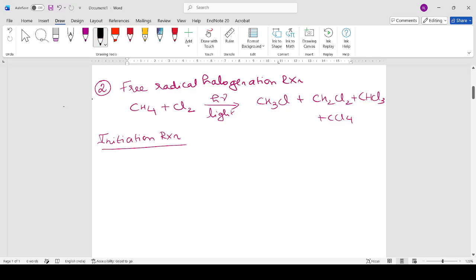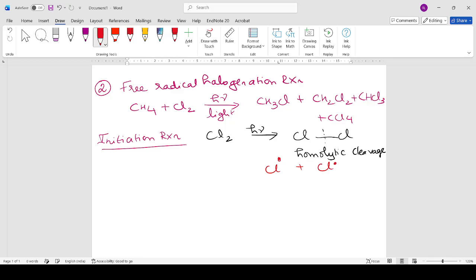where this chlorine molecule is getting homolytically cleaved and undergoing homolytic cleavage. What you synthesize here is 2 chlorine free radicals.